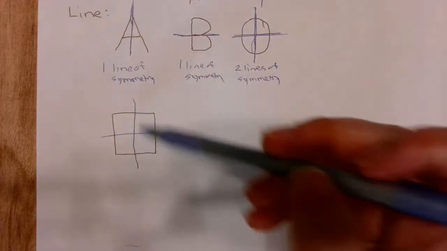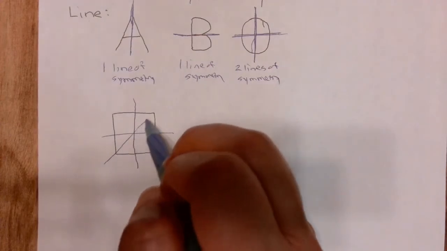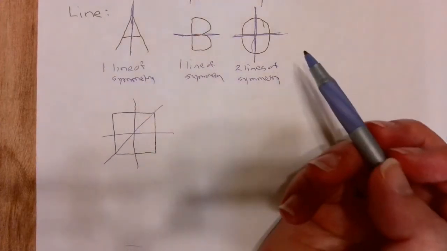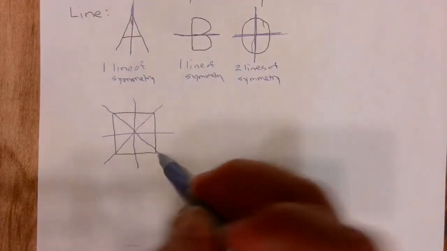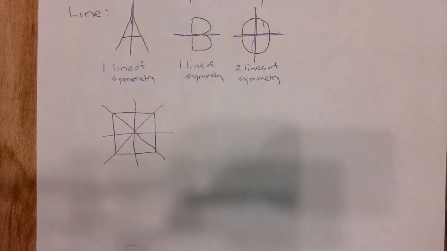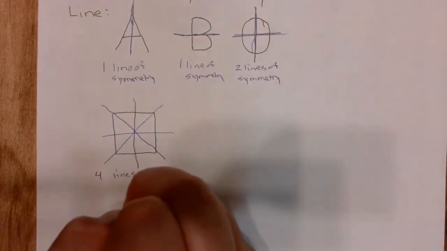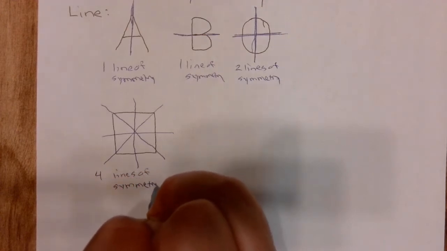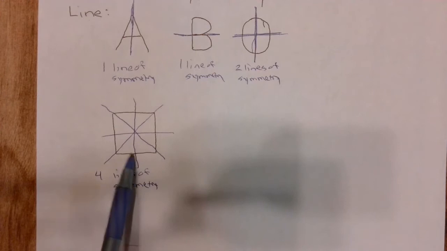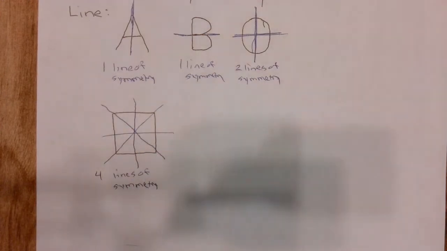And the reason for that is you can fold it vertical or horizontal, but you can also fold it along the diagonal and the sides match up. Or along this diagonal and the sides match up. This has four lines of symmetry. If you don't believe me, go get a piece of paper, cut out a square, and fold it, and see how it folds.